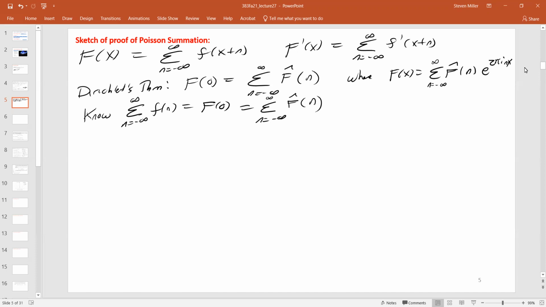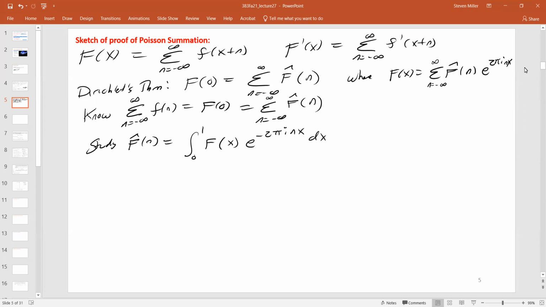So now let's study f hat of n. This is going to be the integral from 0 to 1 of big F of x e to the negative 2 pi i n x dx by definition.